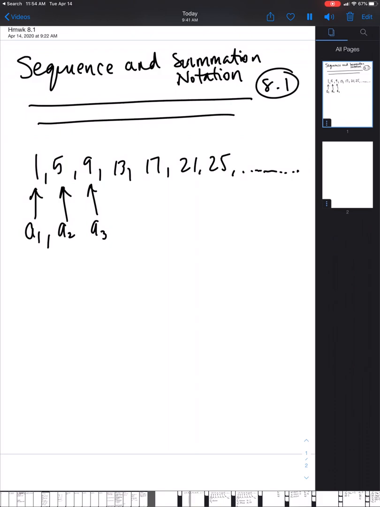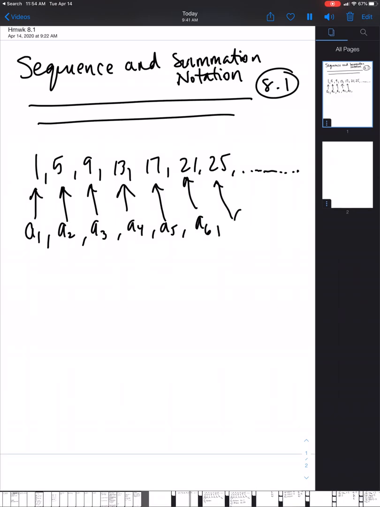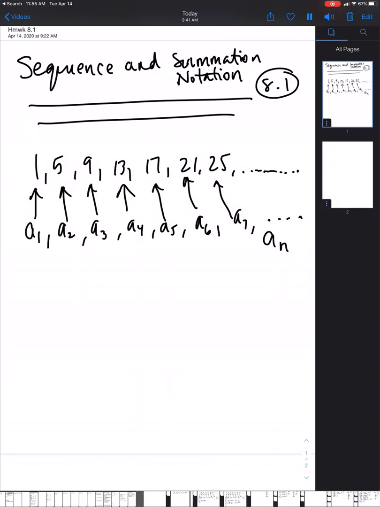This is A1, so that means it's the first term. A2 is the second term. A3 is the third term. A4 is the fourth term. A5 is the fifth term. A6 is the sixth term. A7 is the seventh term. They can keep going on and on until we get to AN, which we call the nth term. That's generic for whatever input, the 13th term, whatever.